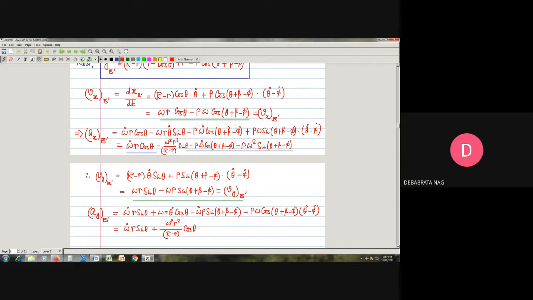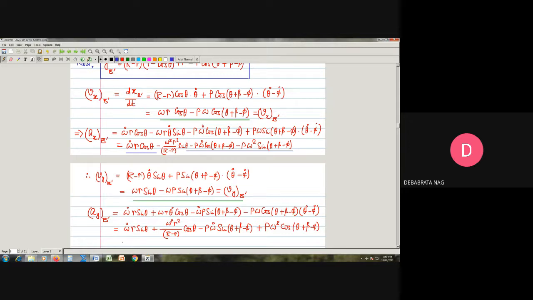Then we have minus rho into omega dot into sine of theta plus beta minus phi. And then, since theta dot minus phi dot is minus omega, it is plus rho omega square into cos of theta plus beta minus phi. So this is going to be our expression.